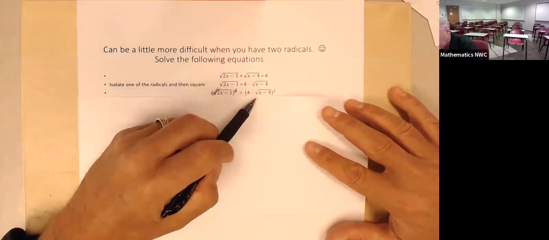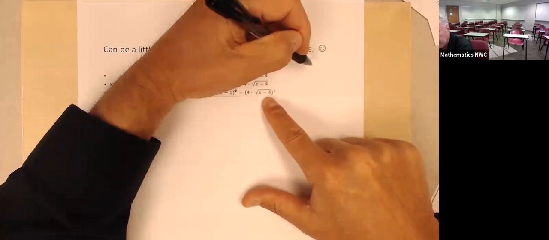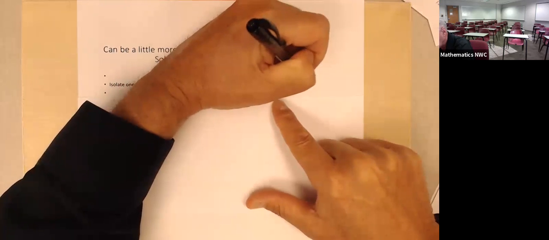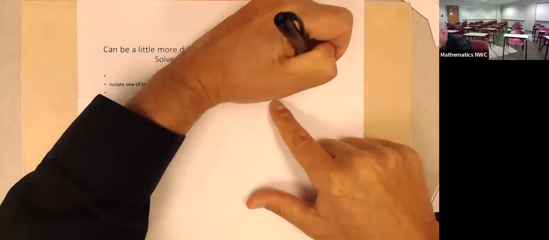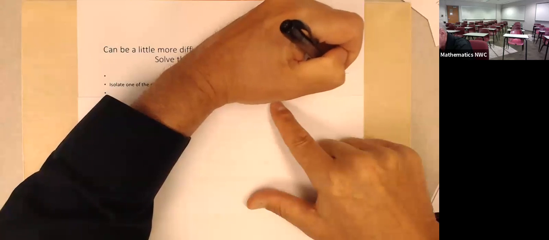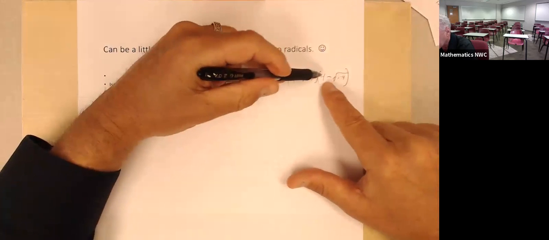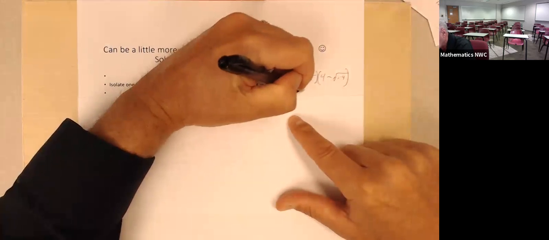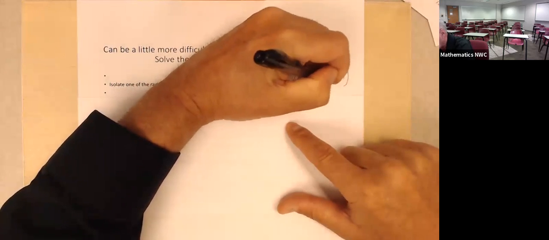But this side, it's a foiling again. It's really 4 minus the radical times 4 minus the same radical. So I'm going to get a 16 minus 4 times the radical, and another minus 4 times the radical.